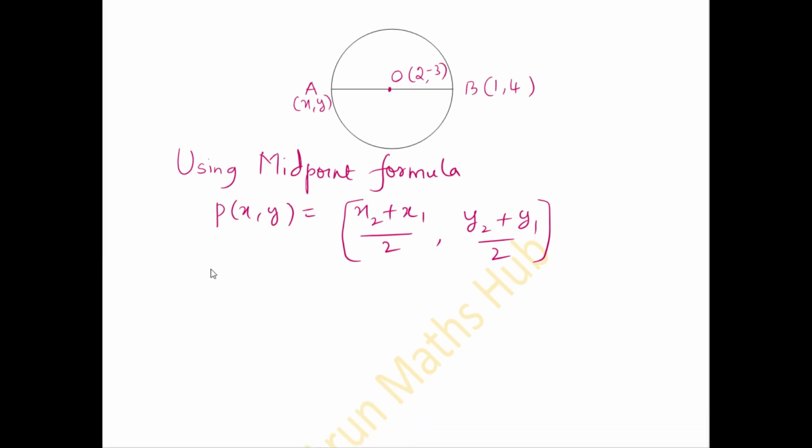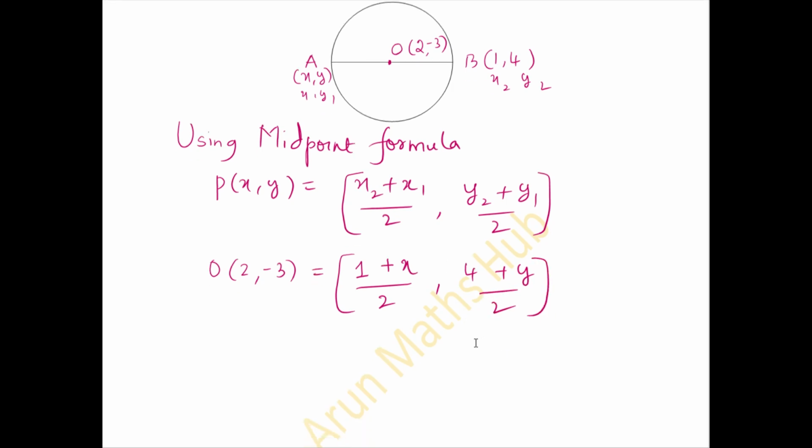O is the midpoint. They have given clearly O as (2, -3). Consider A as (x1, y1), B as (x2, y2). What is x2? x2 is 1 plus x1, which is x, divided by 2. y2 is 4 plus y1, which is y, divided by 2.